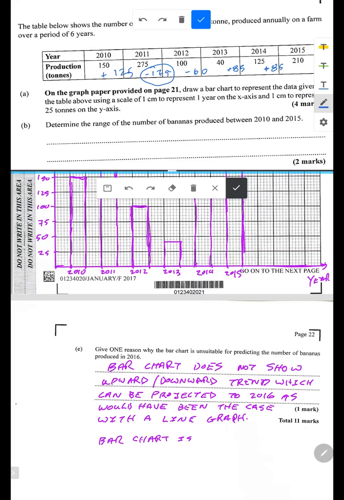A bar chart is used for discrete data, not continuous data.